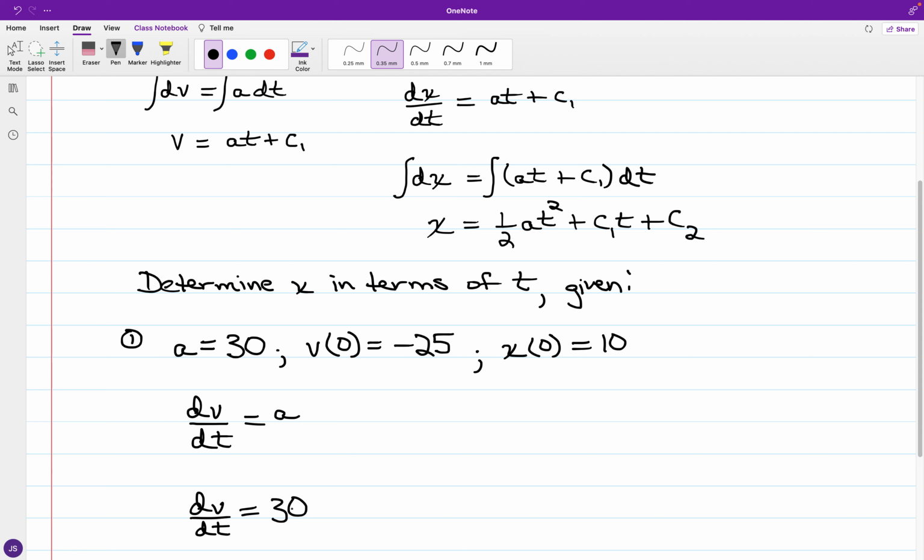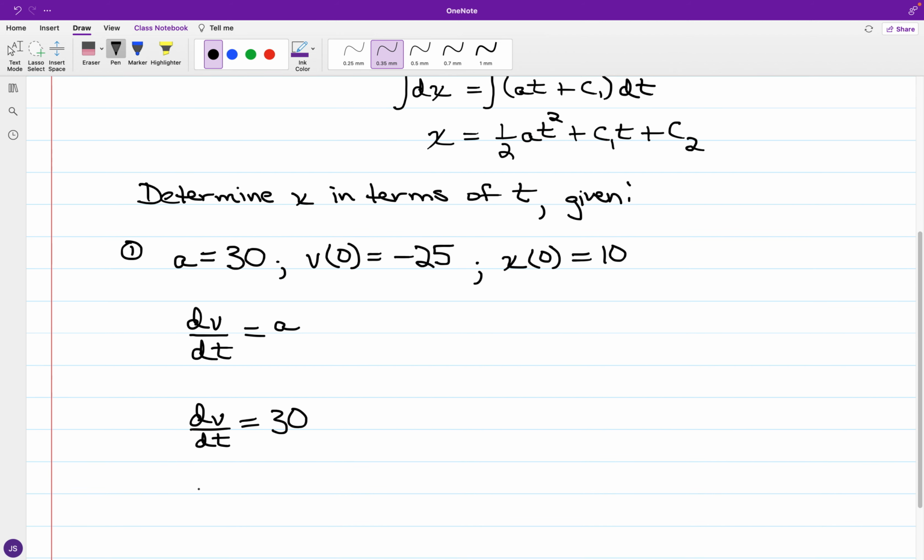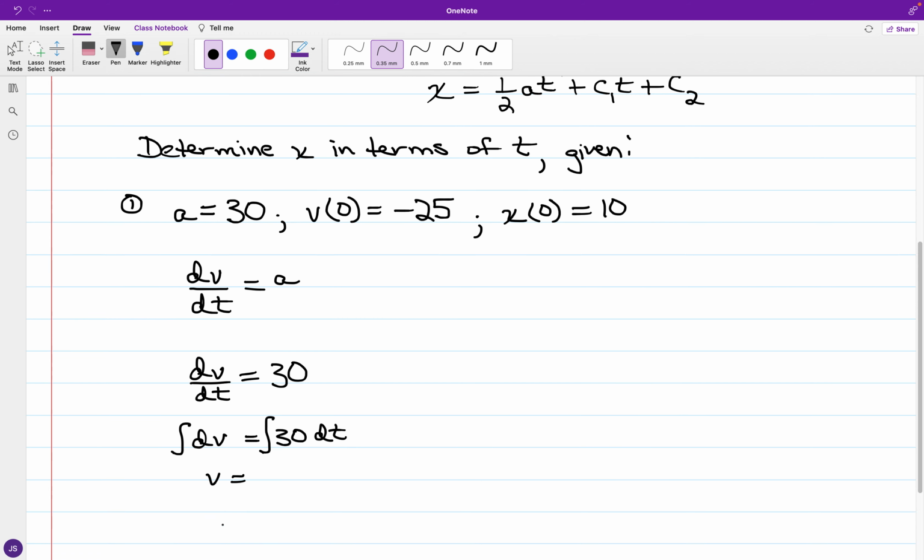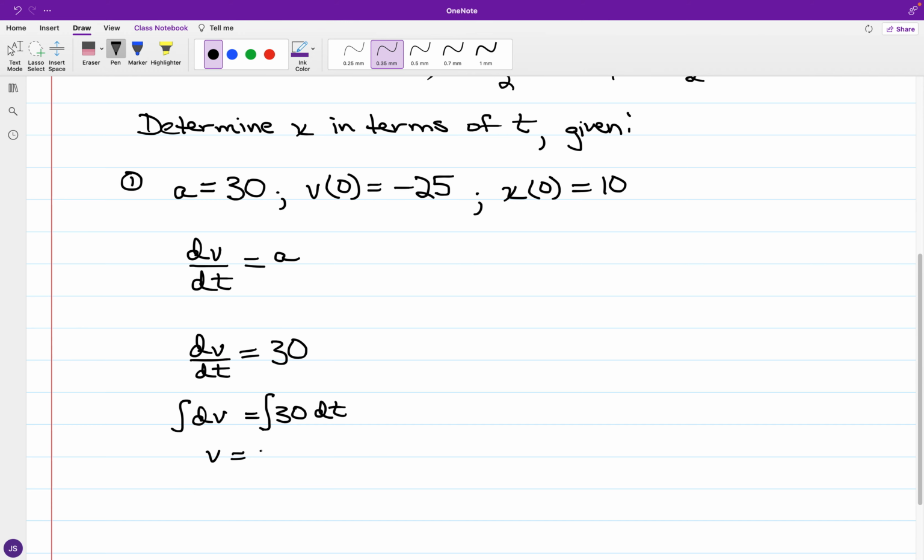Now, separating the differentials and integrating, you have the integral of dv, which goes to v, and the antiderivative of 30 dt is 30t.